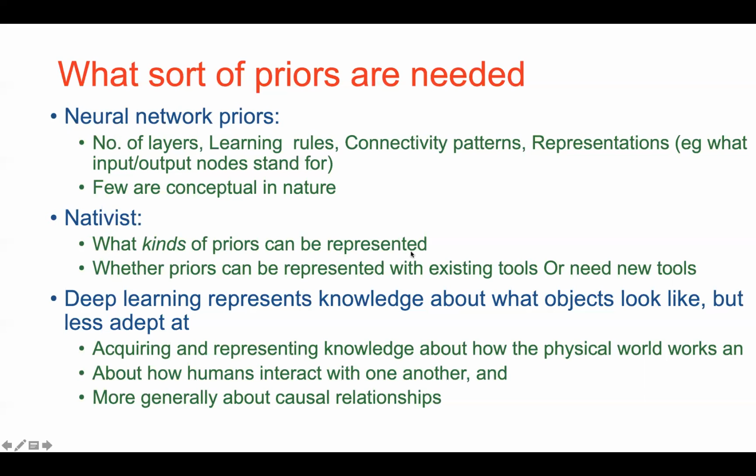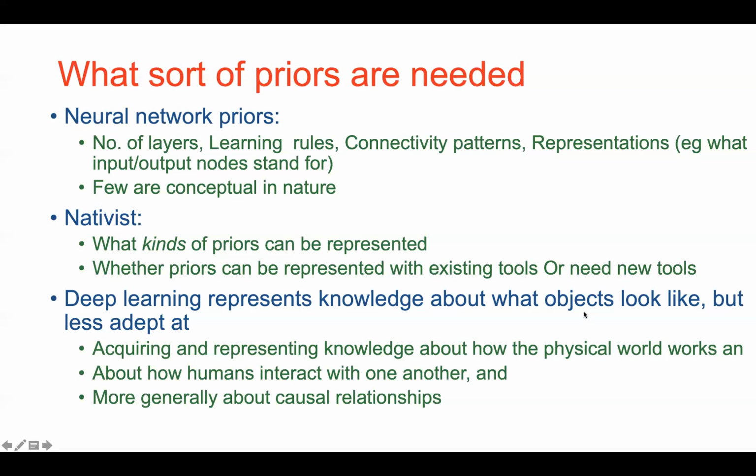What kind of priors can be represented? Whether priors can be represented with existing tools or need new tools. So we say that there needs to be all kinds of knowledge about the world: spatial, time, space, and other types of feedback, right? Causal. Deep learning represents knowledge about what objects look like, but is less adept.